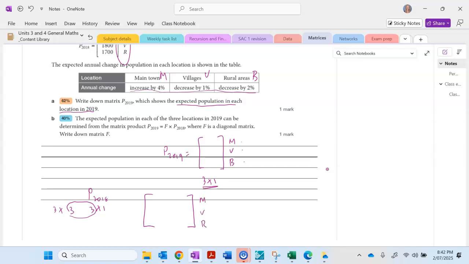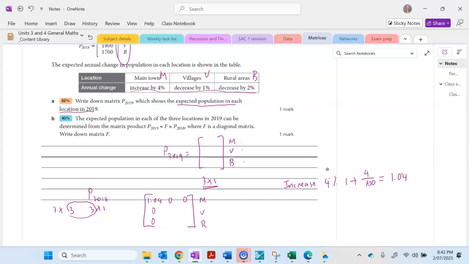So for main town, it's increasing by 4%. So if it's increasing by 4%, we do 1 plus 4 over 100, which is 1.04. So that's what goes here. Then we're not going to multiply the other 2 towns, so we're just going to have 0 there.